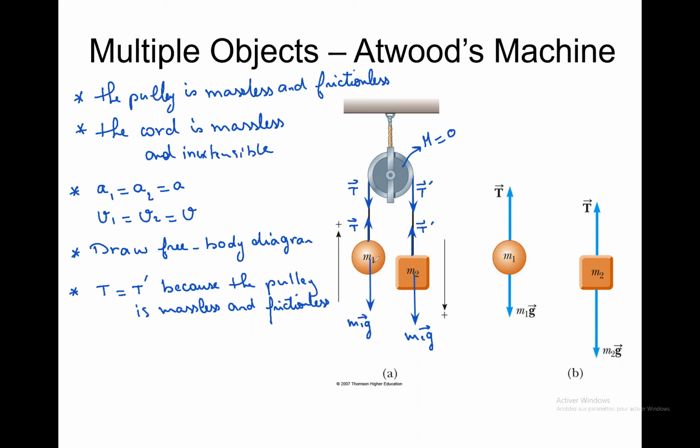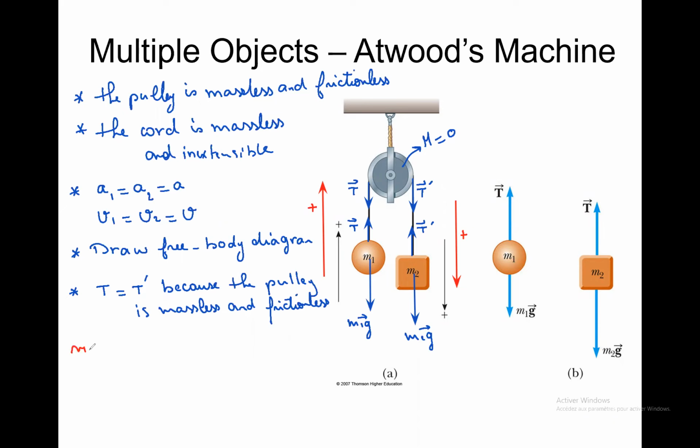If M1 moves up and M2 moves down, so we can say here that the positive is up for M1 and down for M2. This is the positive direction for each one. Okay.